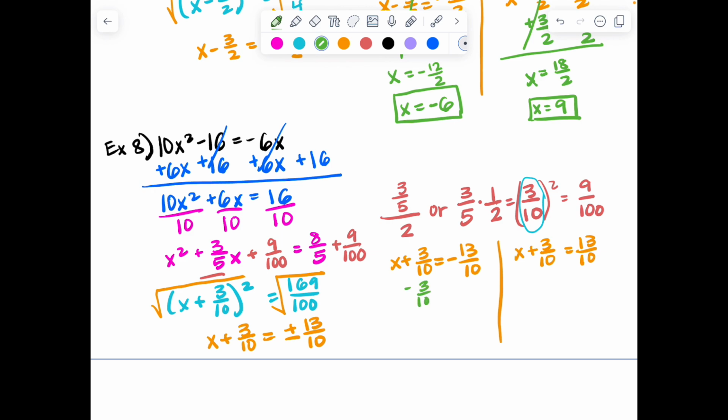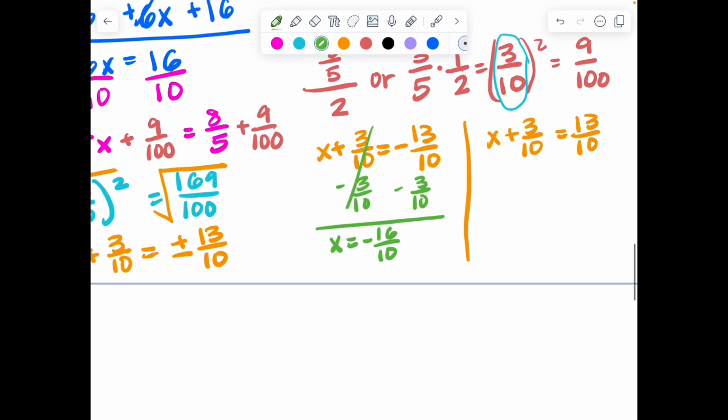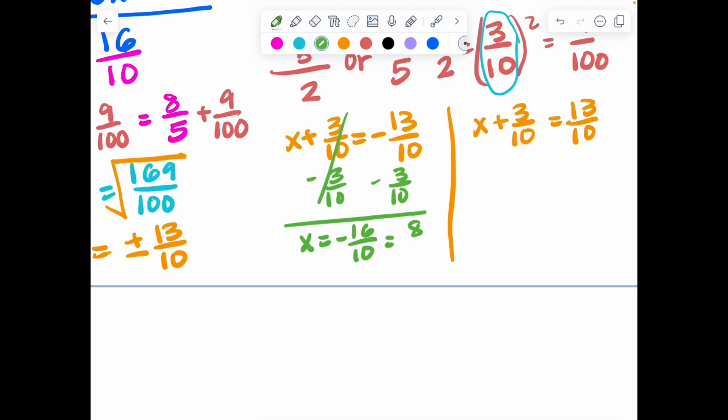Okay, subtract 3 over 10. And this one is going to probably stay as a fraction, but we'll get negative 16 over 10, and that needs to be simplified to negative 8 over 5.